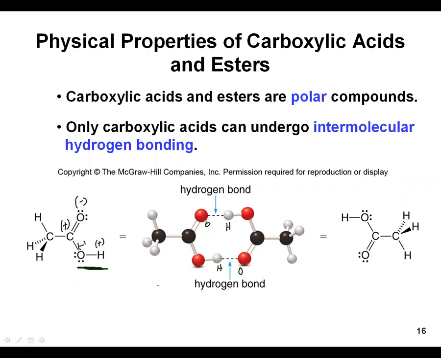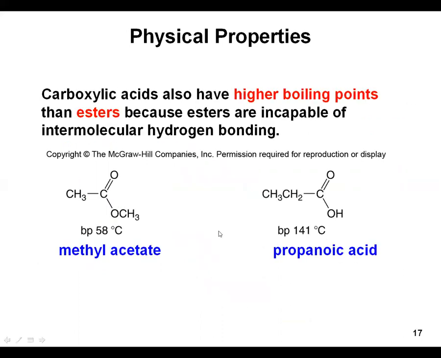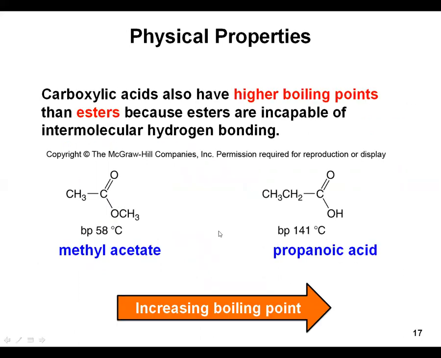Now, because a carboxylic acid could double hydrogen bond, that means that this has a higher boiling point than our winning guy so far, which has been alcohols. So a carboxylic acid actually will have a higher boiling point than an alcohol, because an alcohol only has this group.